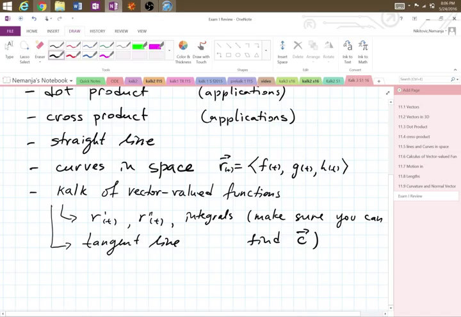11.7 is motion in space. So that's the parabolic motion. And it's physics. So if anything shows up there, I will give you that formula. And we have lengths of curves. So we have 3 different types of lengths of curves.